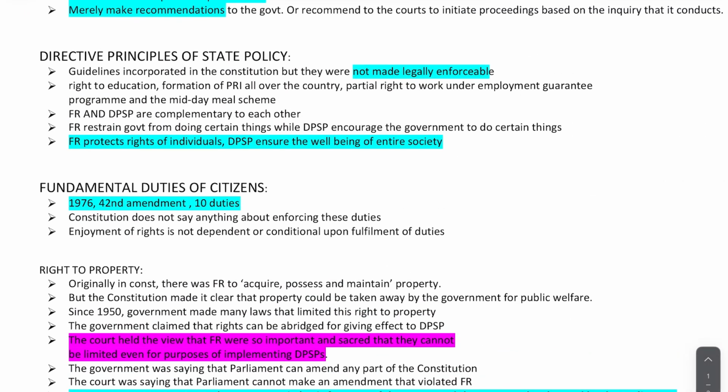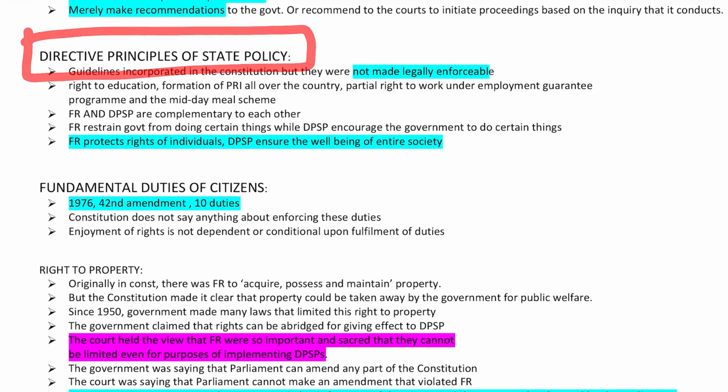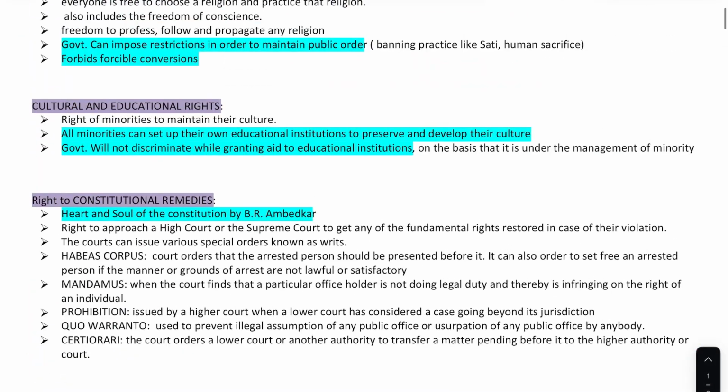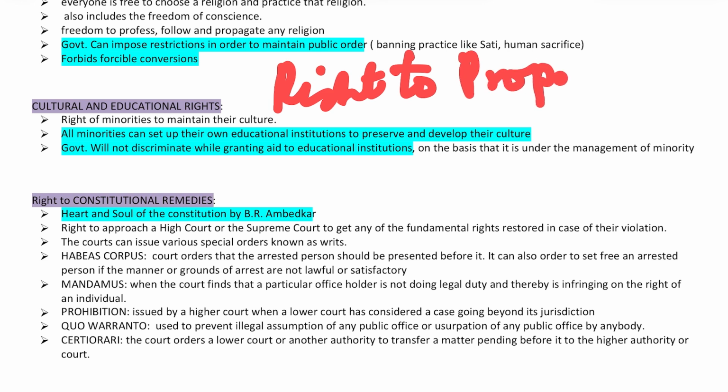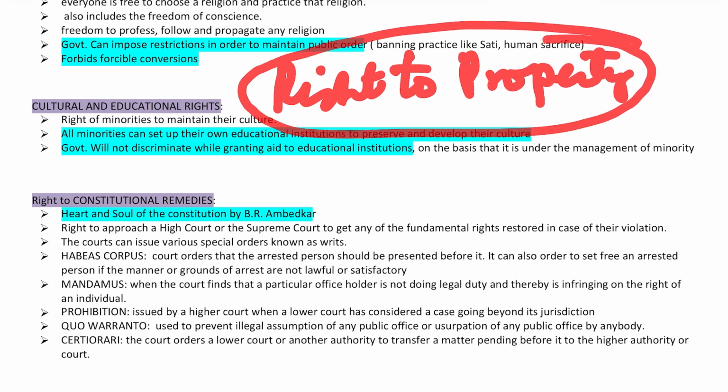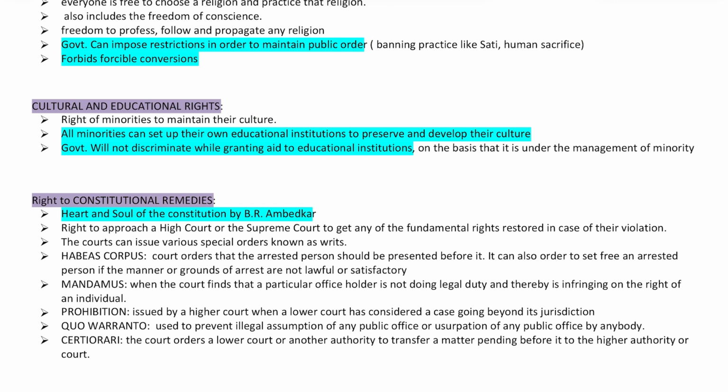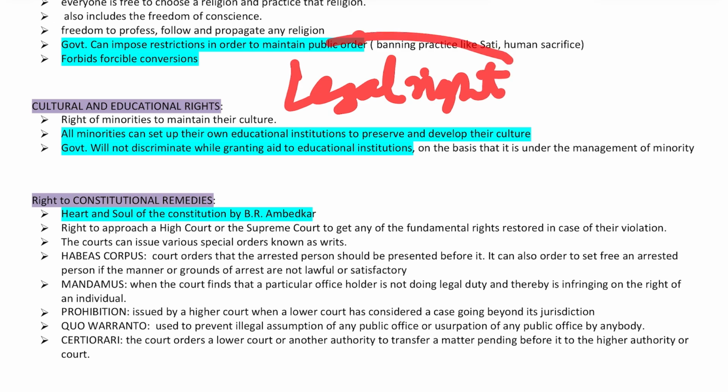Then the directive principles of state policy. Also, right to property was a fundamental right previously, but it was revoked and now it is just a legal right.